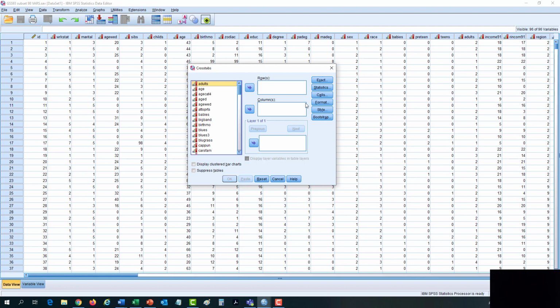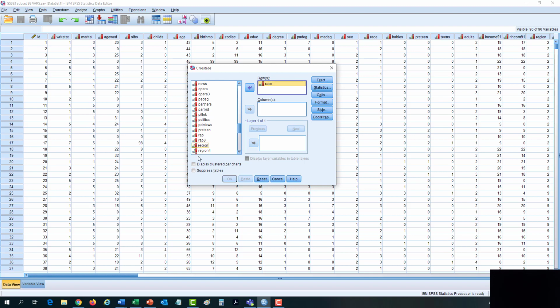Okay, so remember, I'm going to put the independent variable in the row box. So let's get race and put it in the row. I mean, this is a terrible variable because it only has 3 categories, but we'll give it our best shot.